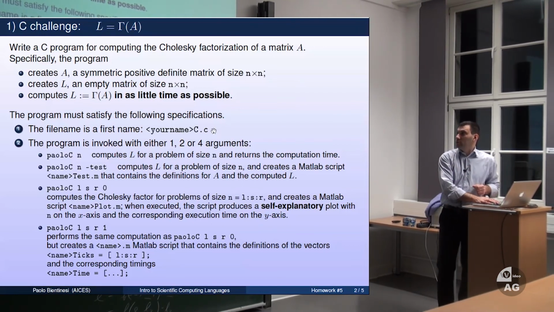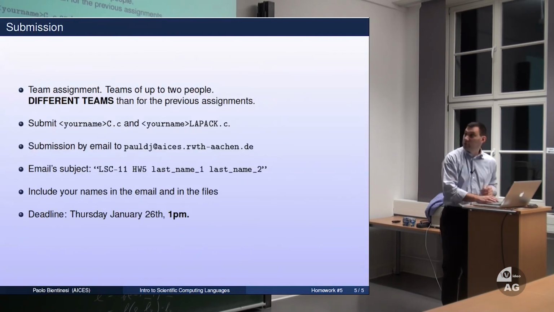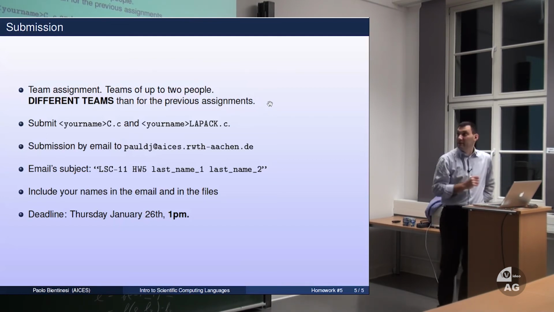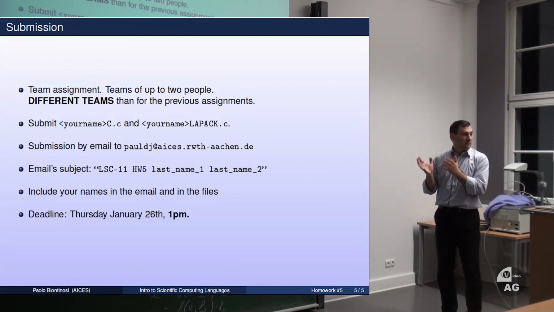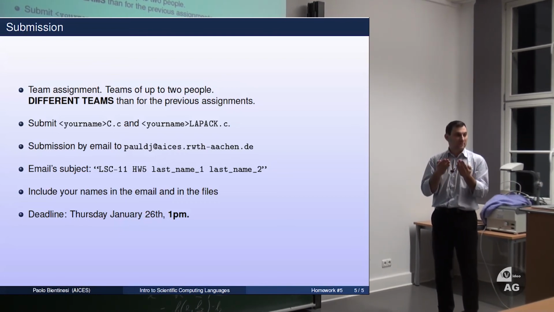Oh, by the way, sorry, I have to jump. I want to stop and say, how do you guys interpret this? Different teams than for the previous assignments, because somebody didn't understand that. How can I make it more clear? It means that if you were already in a team with somebody, you're not supposed to team up with them.